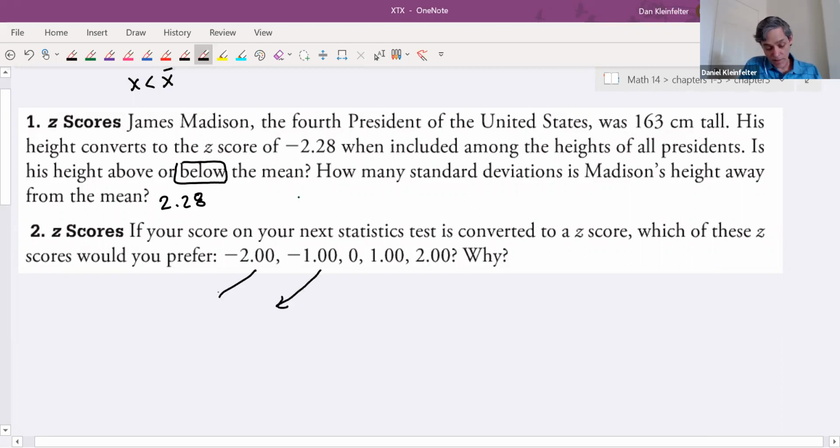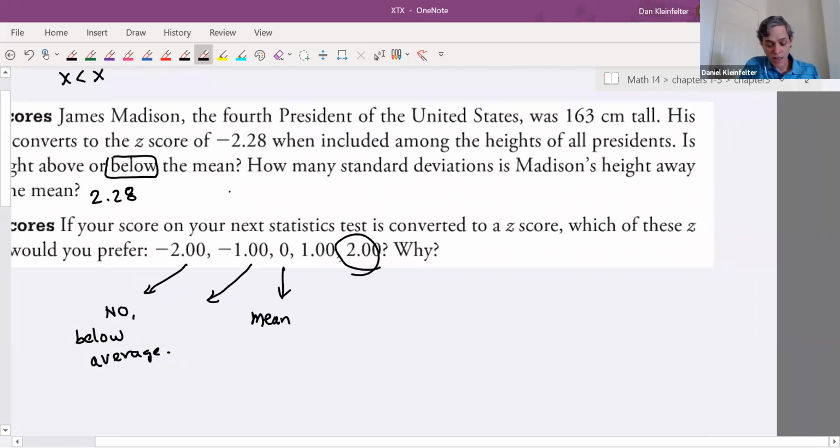So I don't think I would like these. They're below average or below the mean. Okay, if you have a Z-score of 0, that is still the mean. And so if I get to pick, I would definitely rather be above the mean and by as much as possible. So I would like this one.